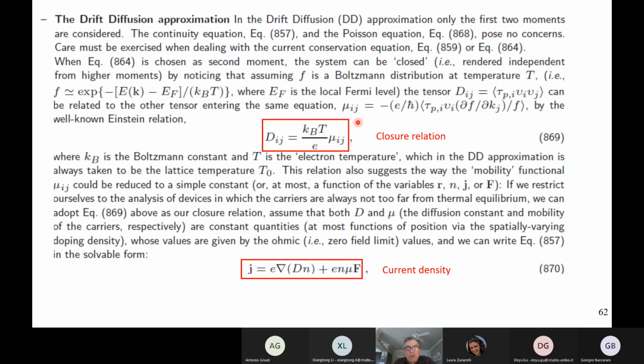So the issue is what happens if I want to deal with a problem in which the electron energy changes significantly. Historically, this was applied to long devices. I think the first time it came by was for devices with micron channel length, several microns.